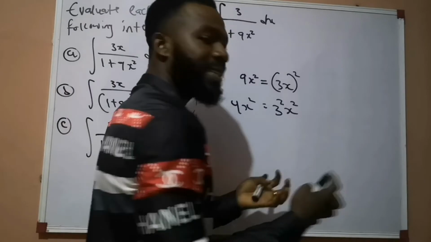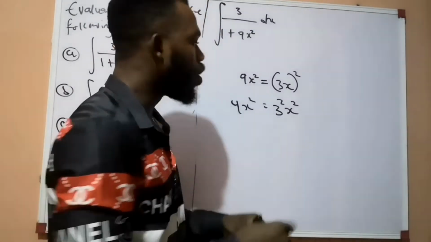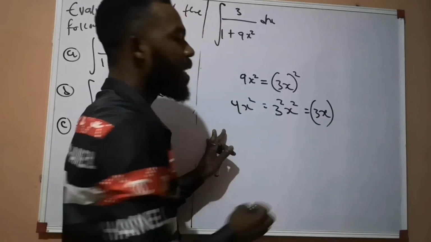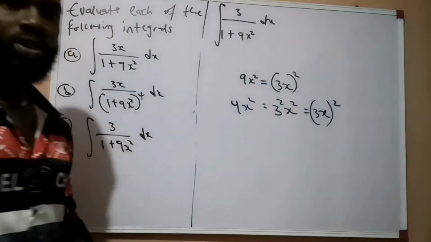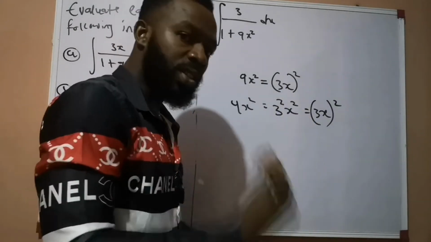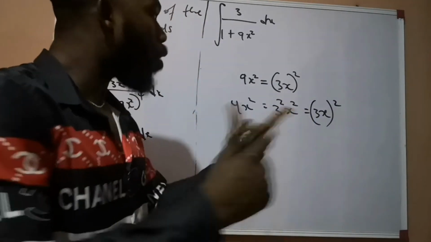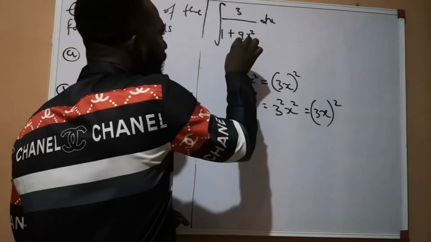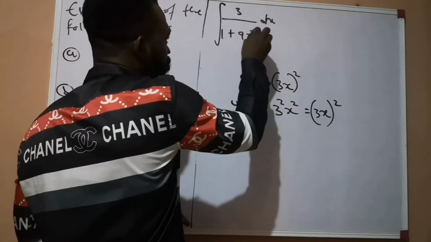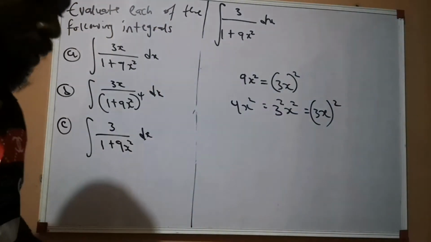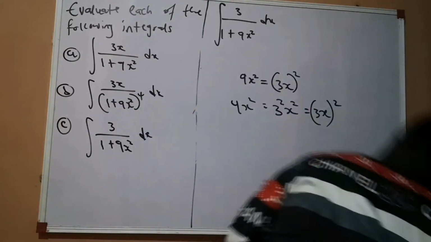Now 3 and x have a common power, which is power 2. So put your 3 and x in a bracket and give it the common power 2. This is why I said 9x squared is the same thing as 3x all raised to the power of 2. So in this question, where I have 9x squared, I will give 3x all raised to the power of 2. So let's begin.